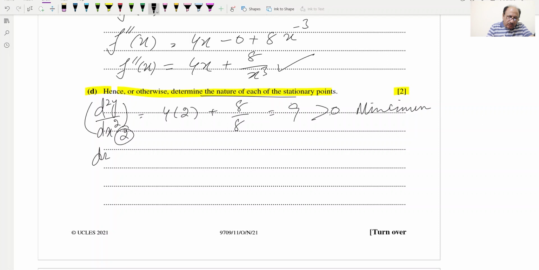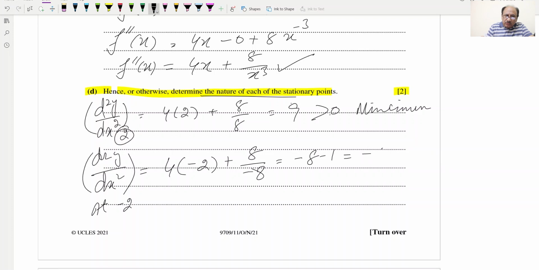And d2y over dx squared at -2 will be equal to 4 into -2, plus 8 over -2 cubed, so it will be -8. So this will be -8 minus 1, which is equal to -9, which is less than 0, so it will be a maximum.